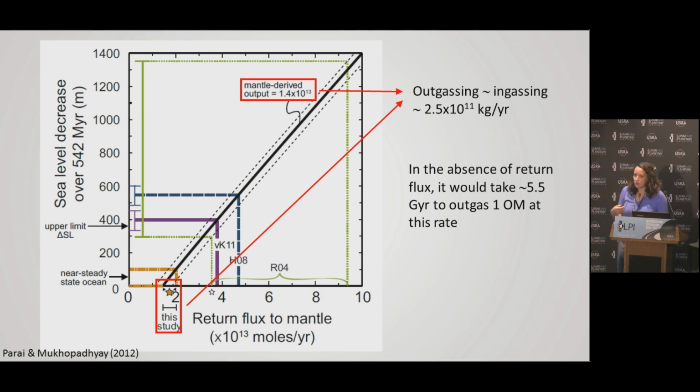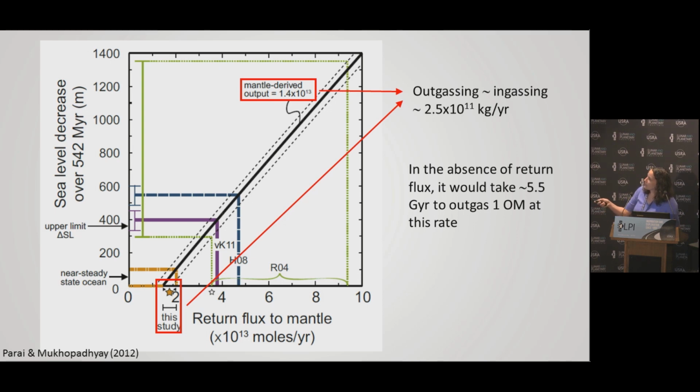So we can try to measure the fluxes of volatiles into and out of the mantle at the present day. This is work from Rita Parai. They're trying to use the constraint that the sea level on the Earth does not appear to have changed significantly over the last about 500 million years, based on geological measurements.